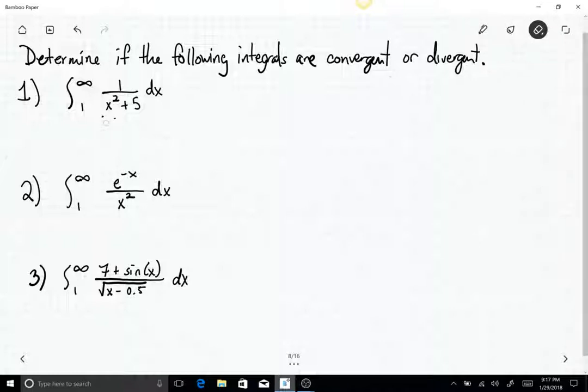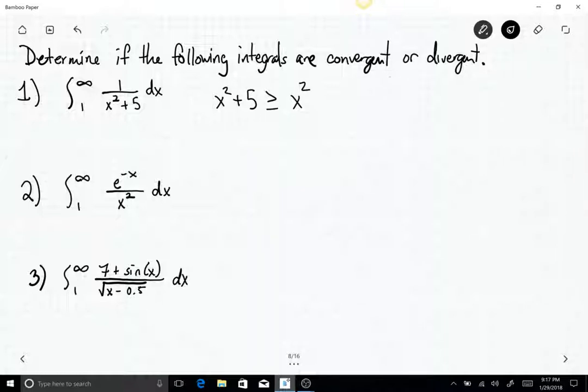So now, where do we go from here? If we're thinking this is convergent, we need to find a larger function that's convergent. Well, before we do that, let's focus on the x squared plus 5. And remember the p values that we were looking for. So in that case, x squared plus 5 is going to be greater than or equal to x squared. And you might say, well, wait a second, Josh, that doesn't set this integral up.